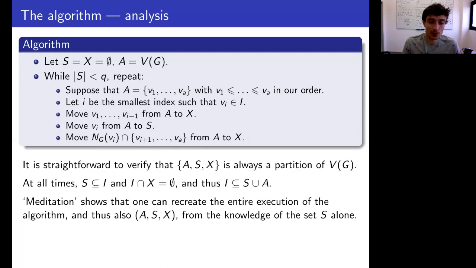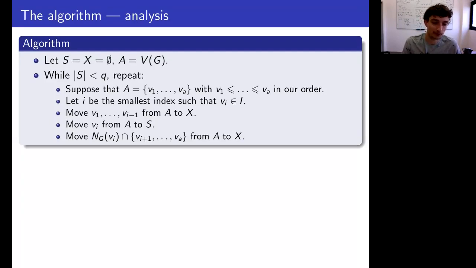So the crucial property here would be to show that the final set A is not too large, that it has at most capital R elements, as we promised.